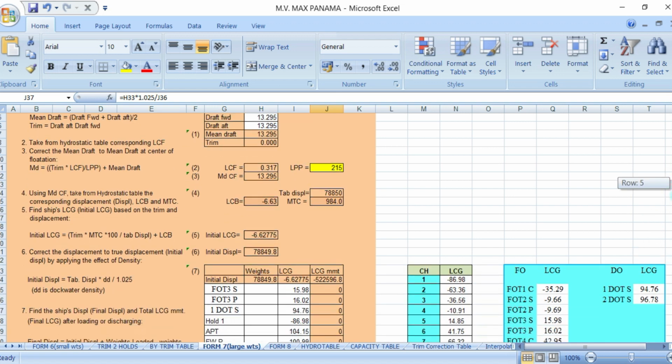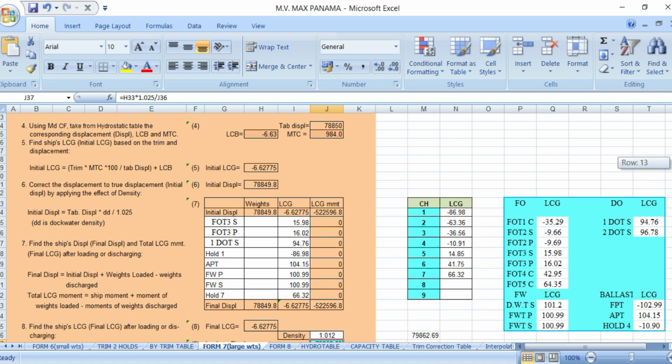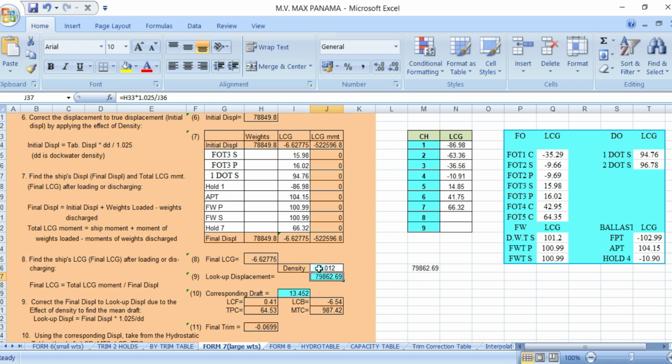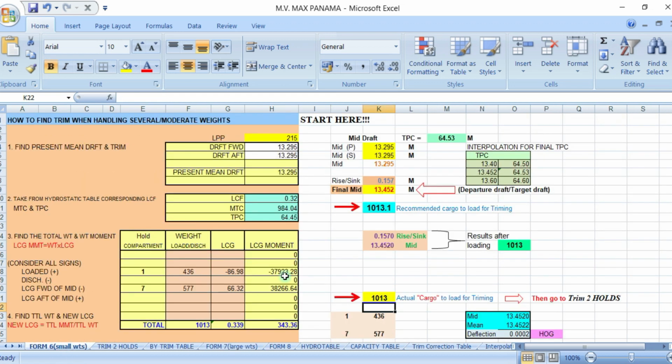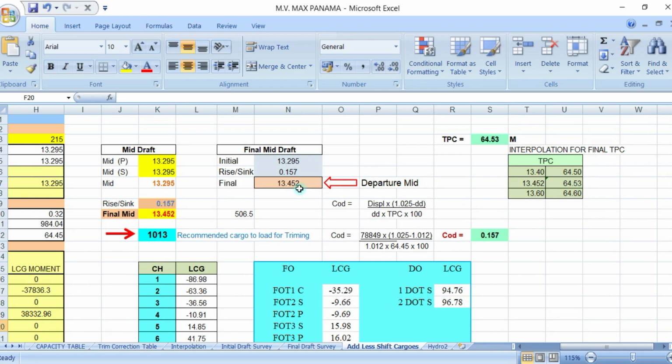So what will be his draft if our density is 1.012? So we put here, then look, we have not added any cargoes here. We just change the density to 1.012. So his final draft will be 13.452, which is this one.